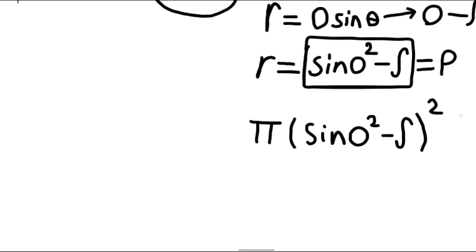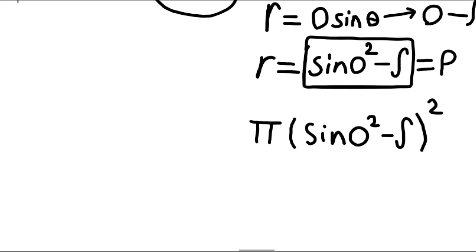Then in the parentheses, we have the sine of 0 squared minus, and there's no integral button built into the calculators, but what you can do is hit alpha and then ln. That lets you use the letter s, which is synonymous with integral. And then we just get our closing parentheses and square that.